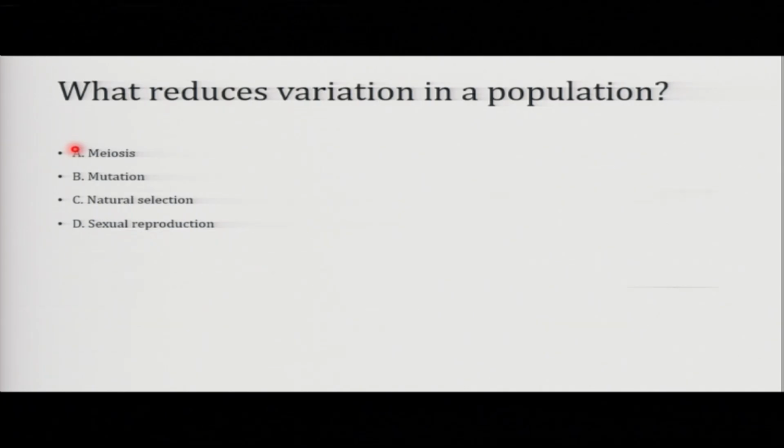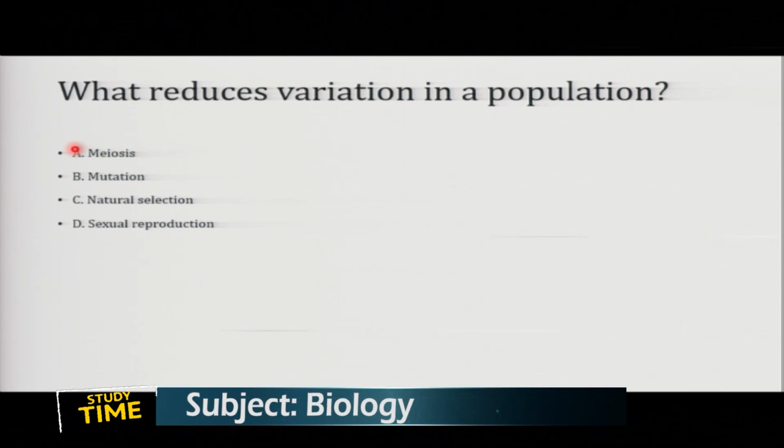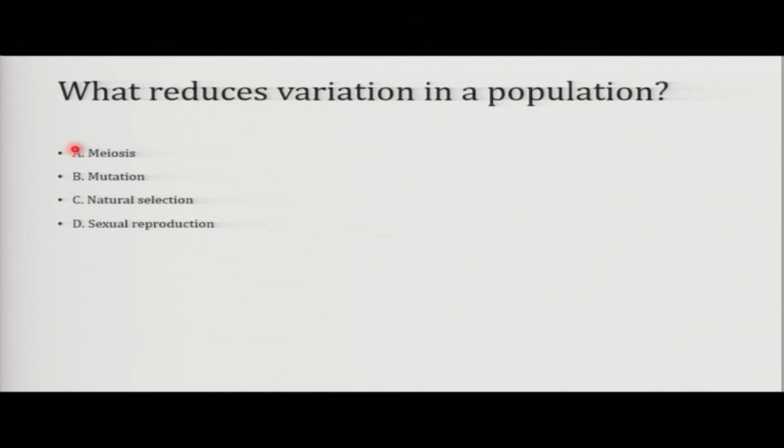A, meiosis. Question is, what's meiosis? A type of nuclear division in which gametes are formed. Remember that these gametes are formed for reproduction.